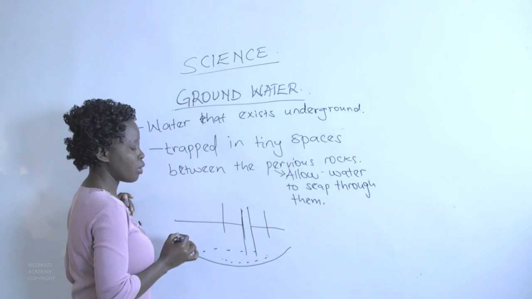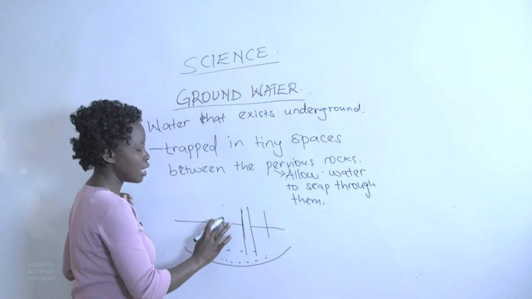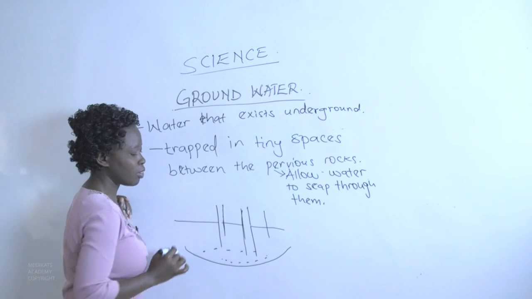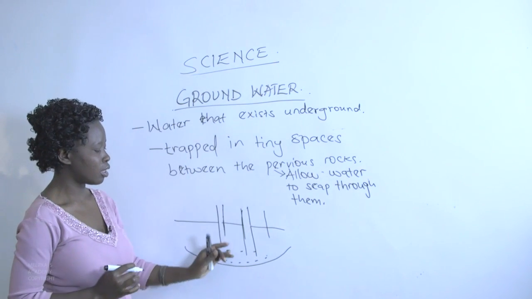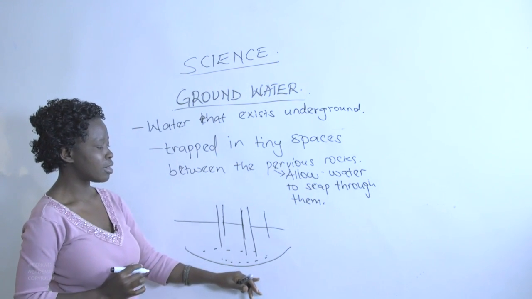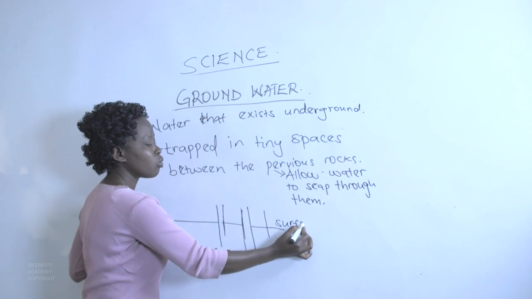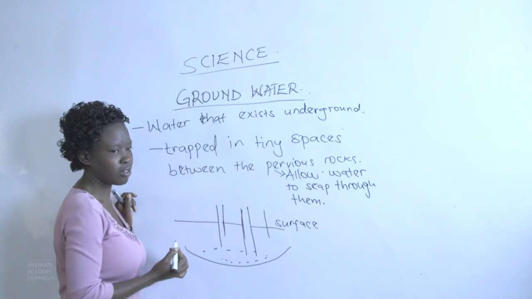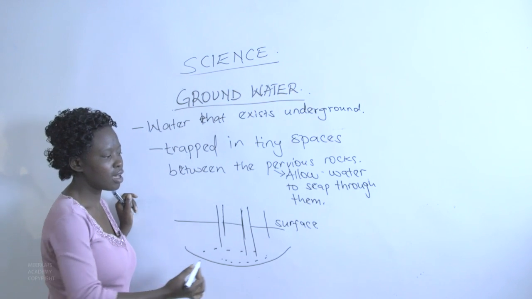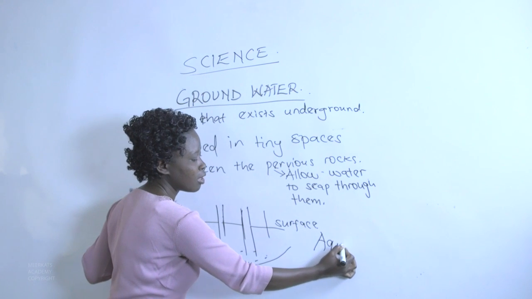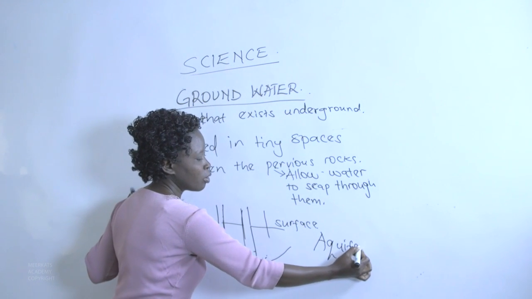So we can dig a well, or we can dig a borehole, so that the water from the underground is now tapped onto the surface. So when this water is tapped to the surface, then we say whatever has been formed is an aquifer.